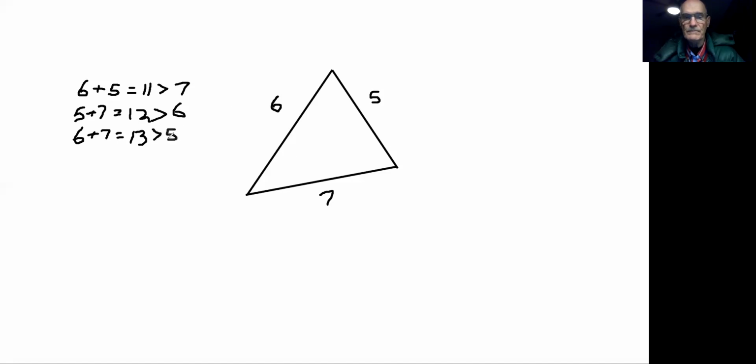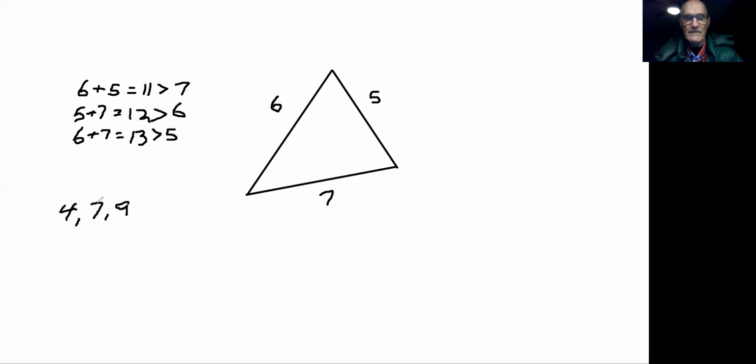So if you have a problem where you're given three numbers and you're asked if these three numbers can be the sides of a triangle, then you do exactly what I did. You take any two of them. For instance, let's say we have 4 and 7 and 9.